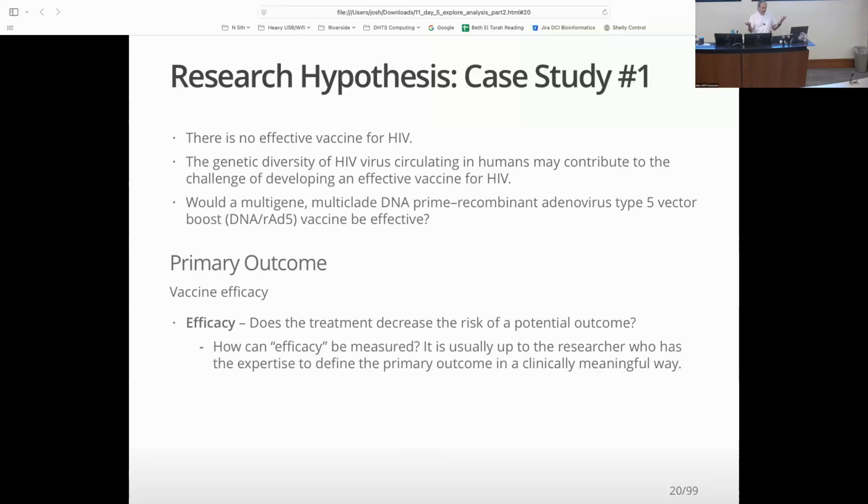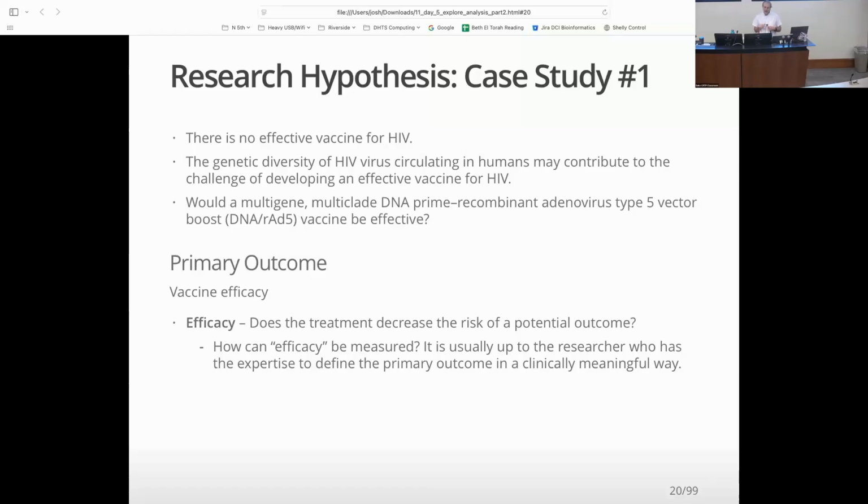It depends on what the treatment is and what the research question is. But basically, efficacy is a measure of how effectively the treatment is going to increase or decrease outcomes of interest.